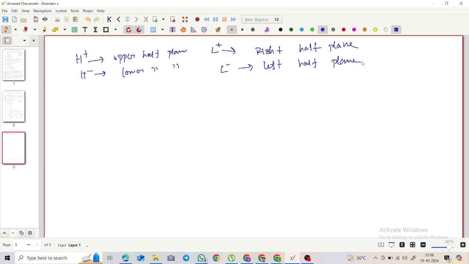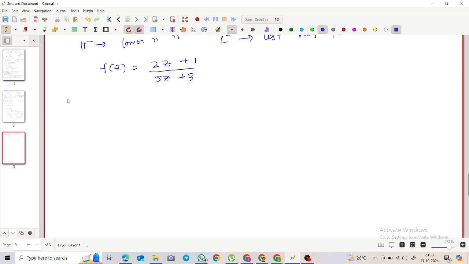Now what about fz? fz is given to be (2z plus 1) by (5z plus 3). Now which of the following are true?